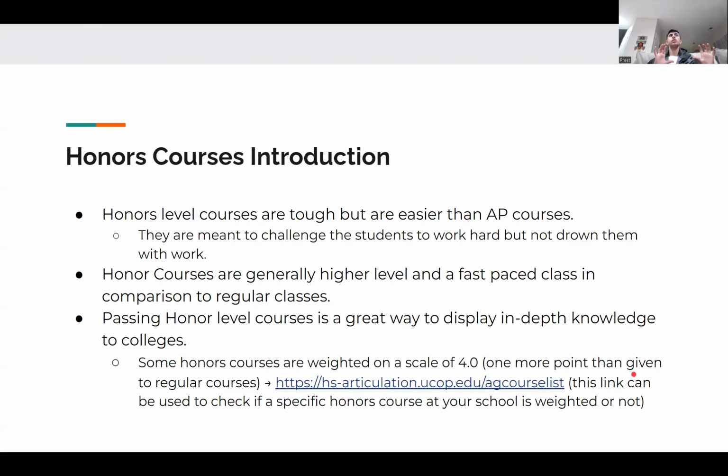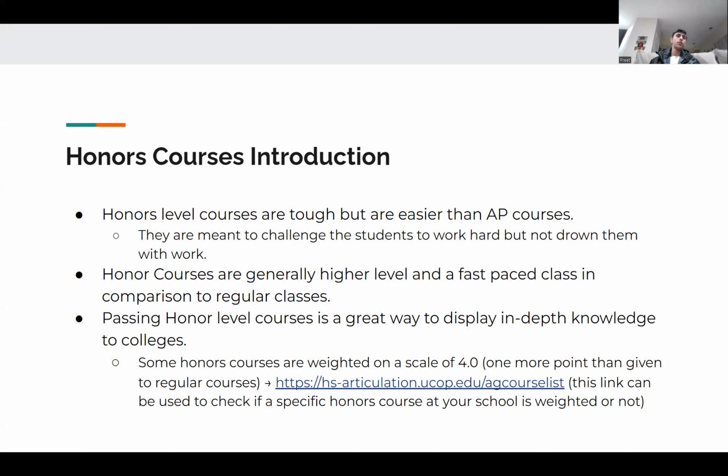So now that we've talked quite a bit about AP exams, we can transition into honors courses. Honors courses are tough, but they're slightly easier than the AP courses as they're not always considered to be college prep courses. Oftentimes honors courses do have some sort of rigor, definitely much harder than a regular class.